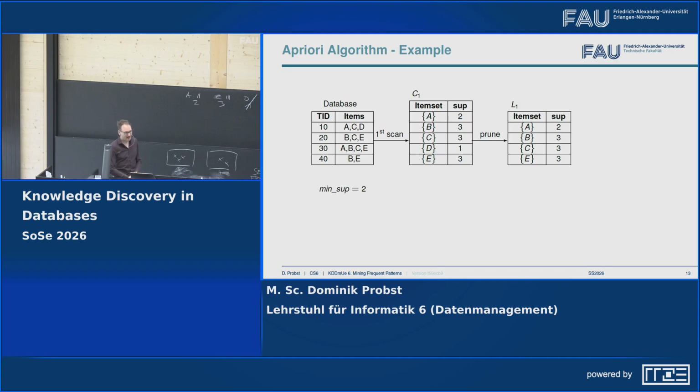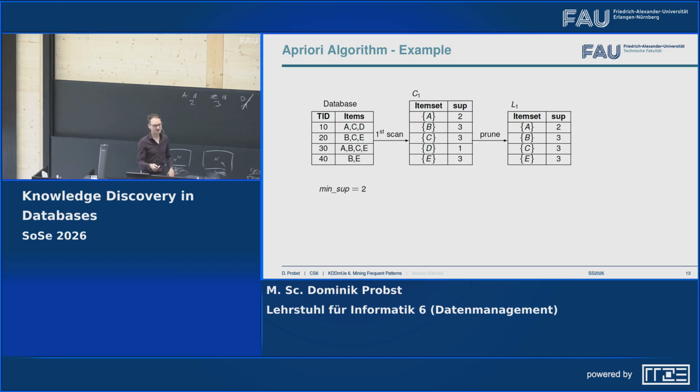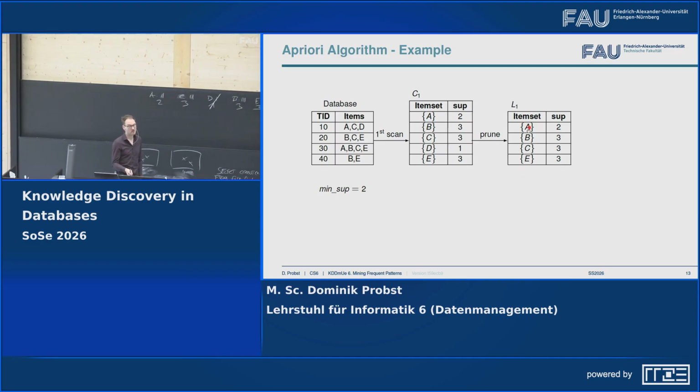Candidates are, according to the a priori principle, only combinations of these items. So A and B is a candidate, because both of them are frequent. A and C is a candidate. A and E is a candidate, as well as B and C, B and E, and C and E. Those are the possible candidates we can generate by simply combining them into every possible combination.